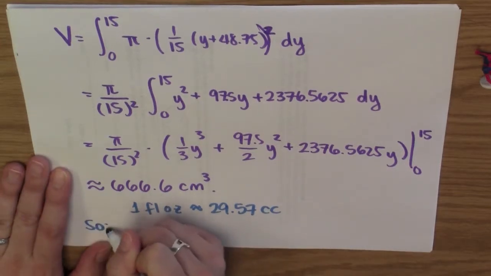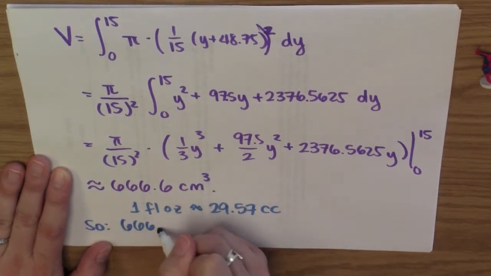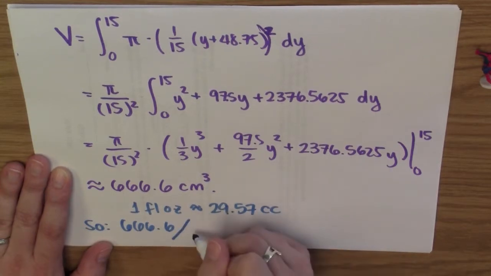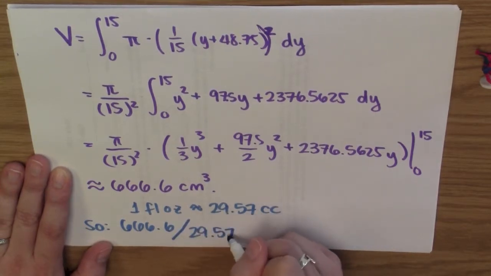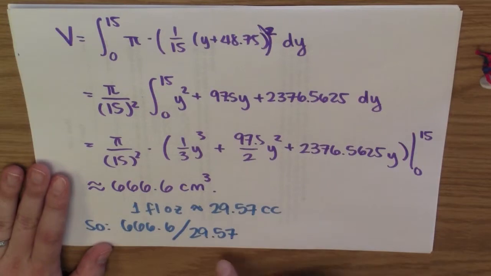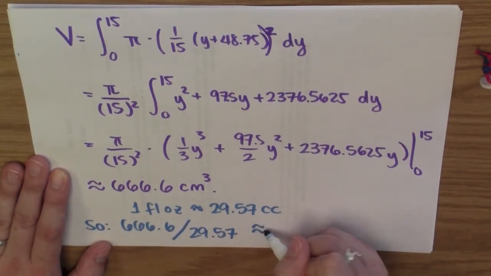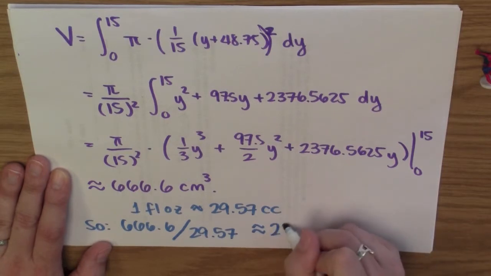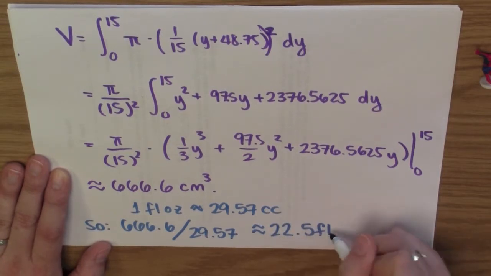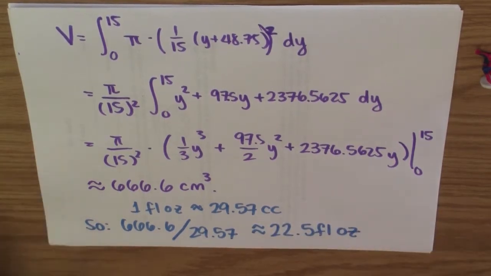So I divide 666.6 cubic centimeters by 29.57 cubic centimeters per fluid ounce to figure out how many fluid ounces I have. And I see that this is approximately 22.5 fluid ounces. So the volume of my cup in fluid ounces is approximately 22.5.